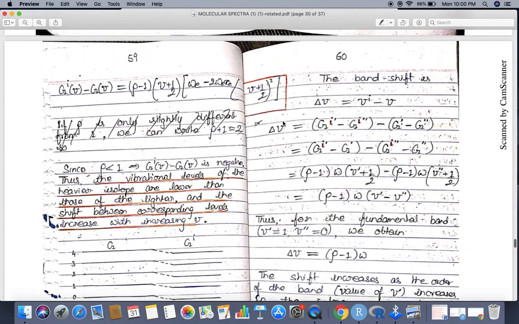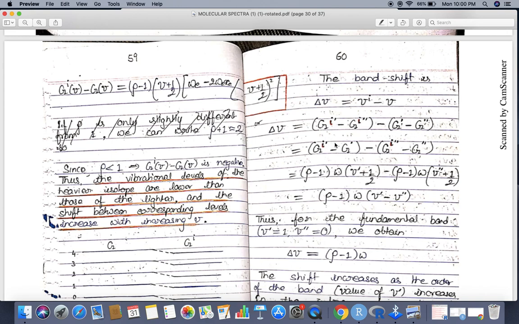So for the band shift, when we calculate it, delta nu is equal to nu of the isotope minus nu, because these two bands are overlapping. From here we can calculate the nu from the transitions taking place: G prime minus G double prime.